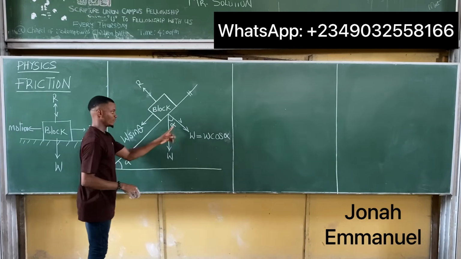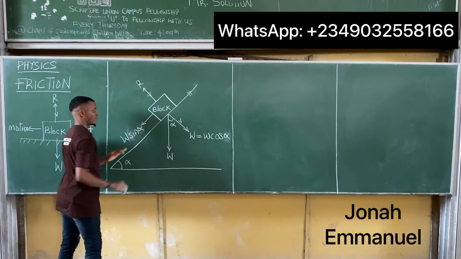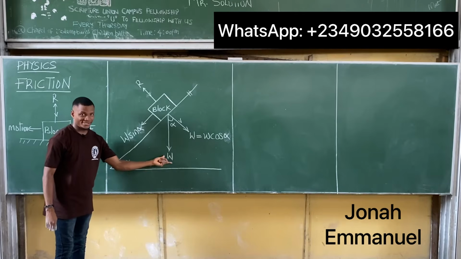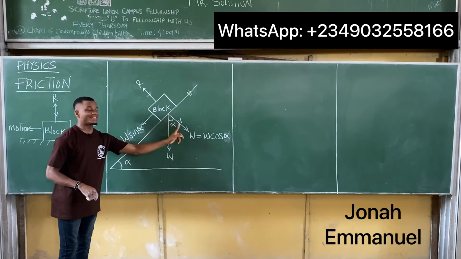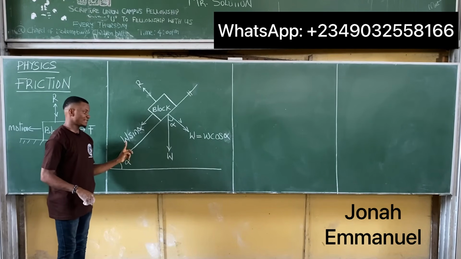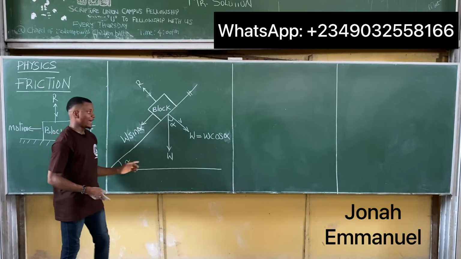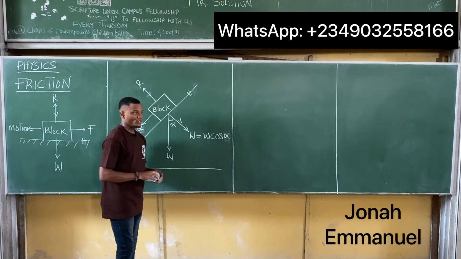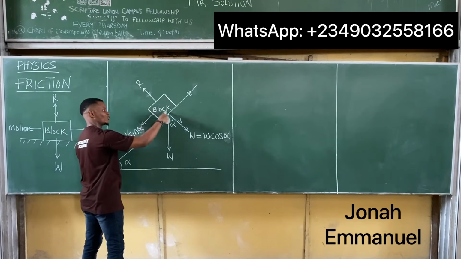If a force or a weight or any other vector is inclined at an angle alpha to the vertical, the horizontal component becomes that vector, in this case weight, times sine of the angle, and the vertical component becomes that vector times cos of alpha. Alright, having established this, you can see that R is equal to this one here.